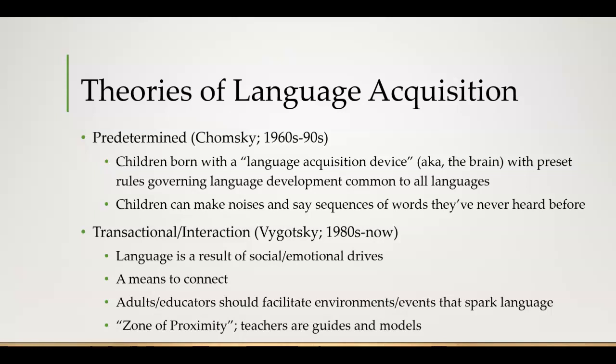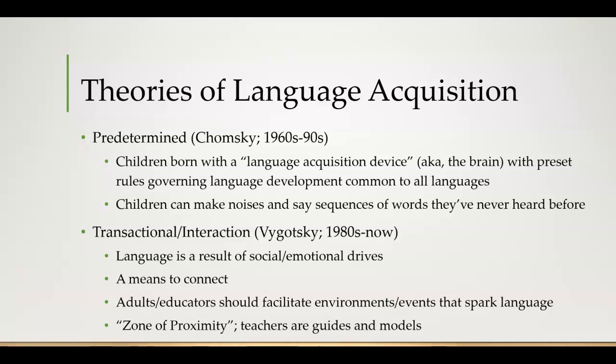So, okay, what's our job? If this is how people develop language, what should the teachers do? Well, they should facilitate environments and events that spark language production, and then hang around and guide and model language for these students.